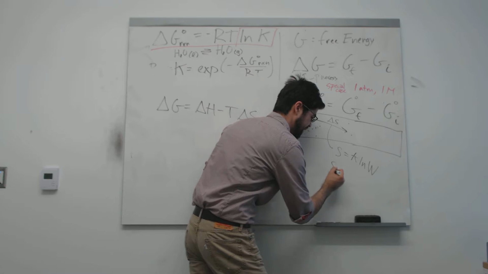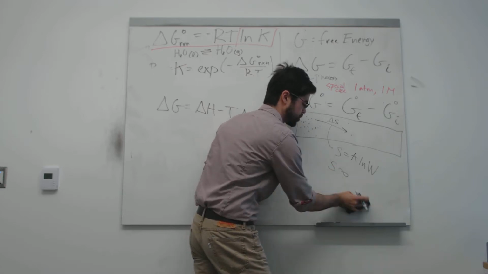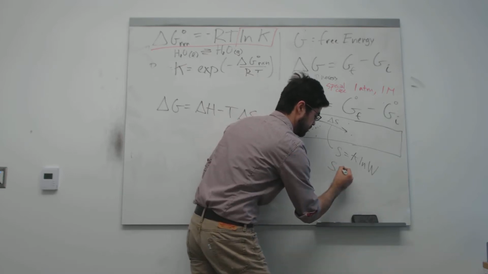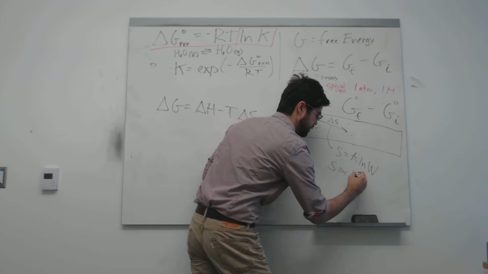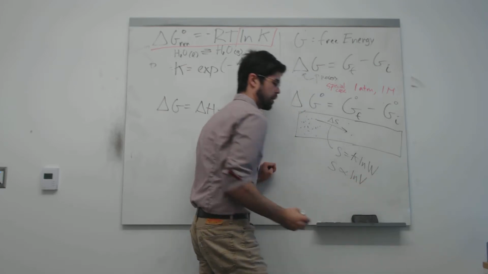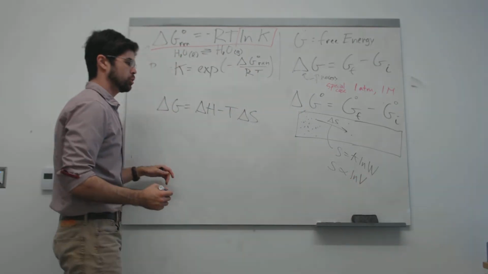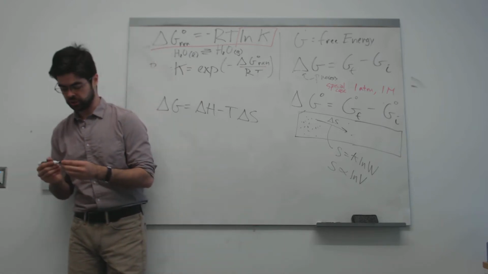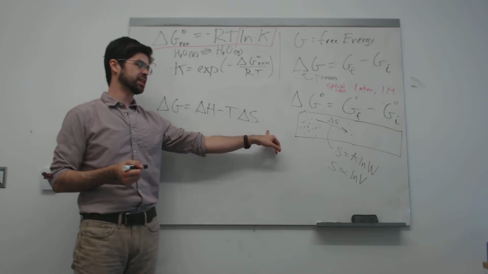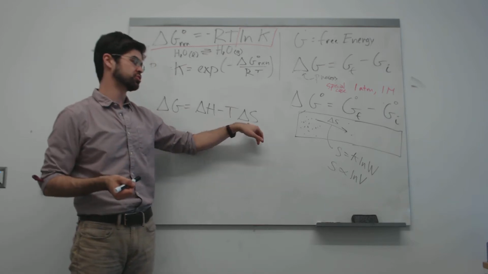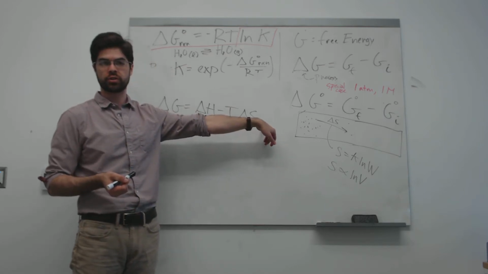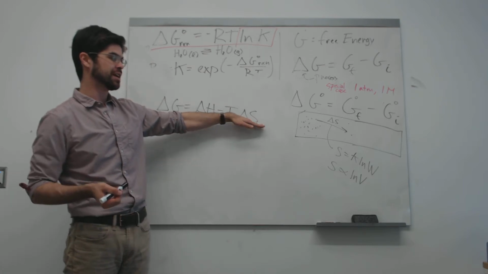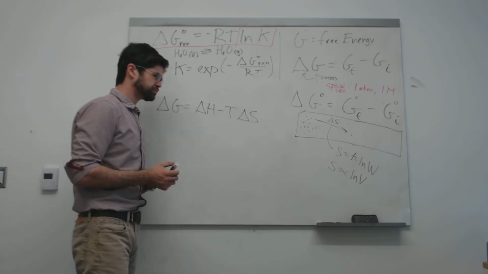So I can say here that entropy is proportional to the natural log of the volume, which means that if I have a gas at a certain pressure, changing its pressure or changing its volume is necessarily going to result in a change in entropy.